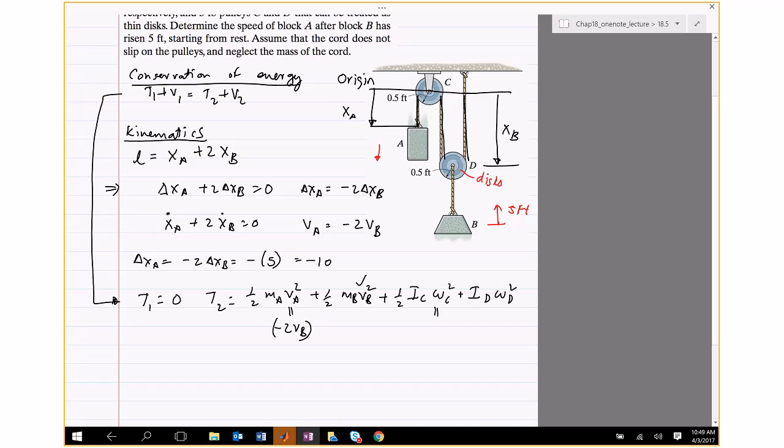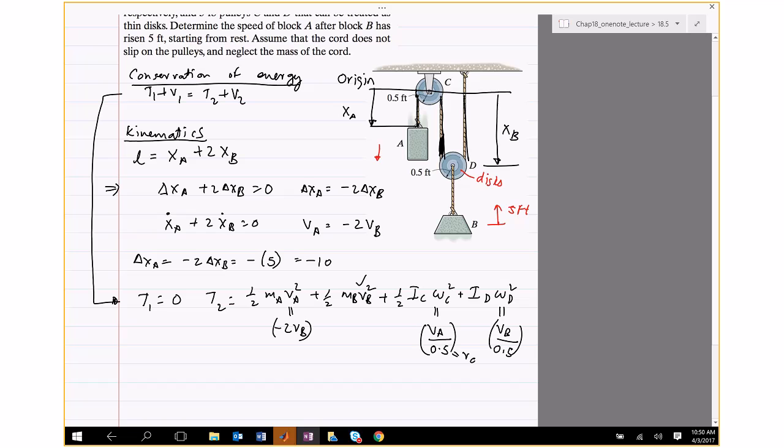Omega C is the rotation of C. That is related to the velocity of A by velocity of A divided by the radius of pulley C, R of C. This gives me the angular velocity, because if this point doesn't slip, then V equals omega R. Similarly, omega D is VB divided by the radius of disk D, which is 0.5, because the velocity associated with this point is VB and not VA.